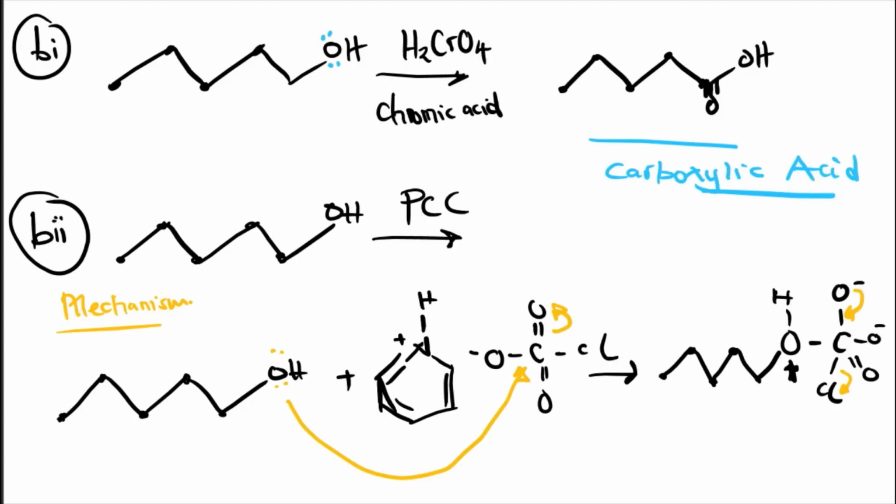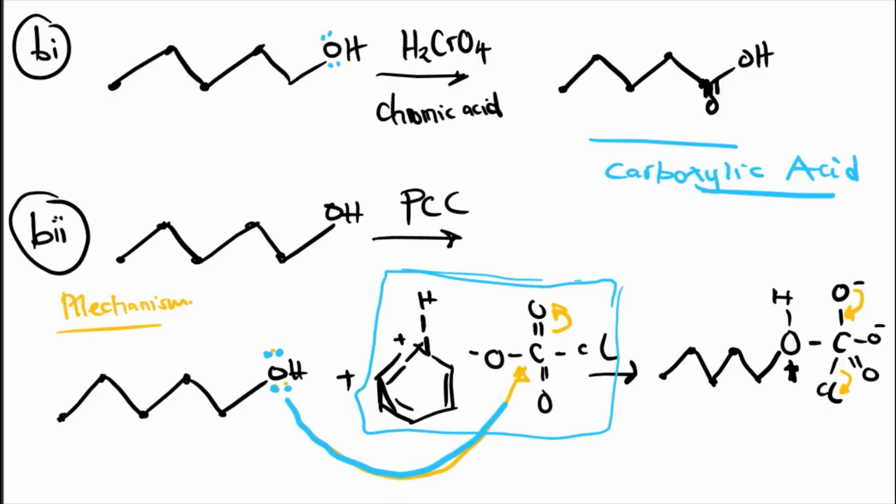Okay. Now, what happens when you react an alcohol with PCC? What happens when you react an alcohol with PCC? So PCC, this is the structure here. So this whole structure, this is the structure for PCC. So what will happen is that the lone pairs of electrons on an alcohol will come and will attack the chloride.